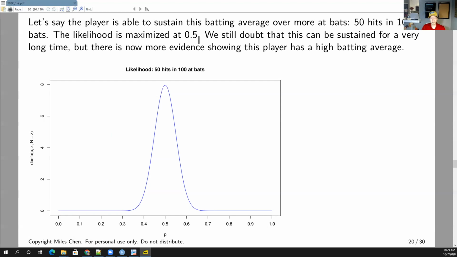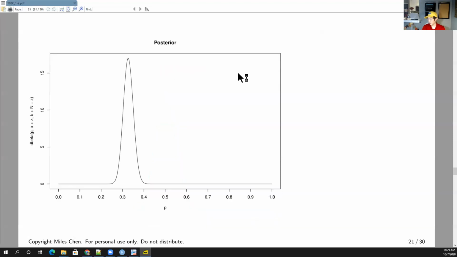We're not going to say that this suddenly makes this player the greatest player of all time. Even though 100 at-bats is a lot and 50 hits is a lot, and this would be a significant event in the sporting world, we're not going to assume that this is going to be sustained for the entire season. And so the posterior is going to look something like this.